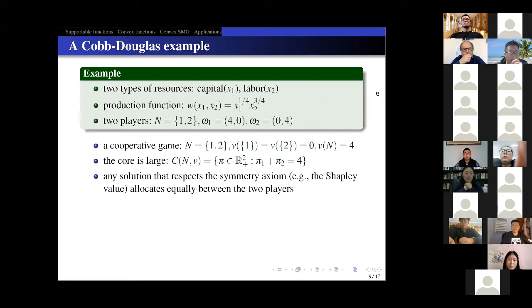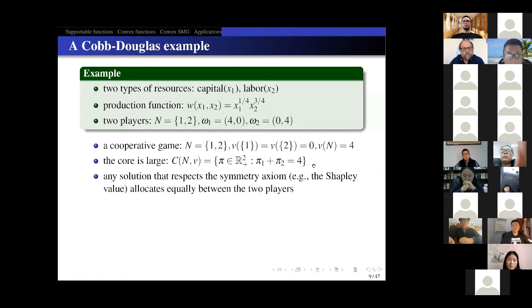In the standard approach to study this problem, first we transform this problem into a cooperative game, that is a set function. So the player set is 1, 2, and player 1 and player 2 alone can't earn anything, and the worth of the grand coalition is 4.